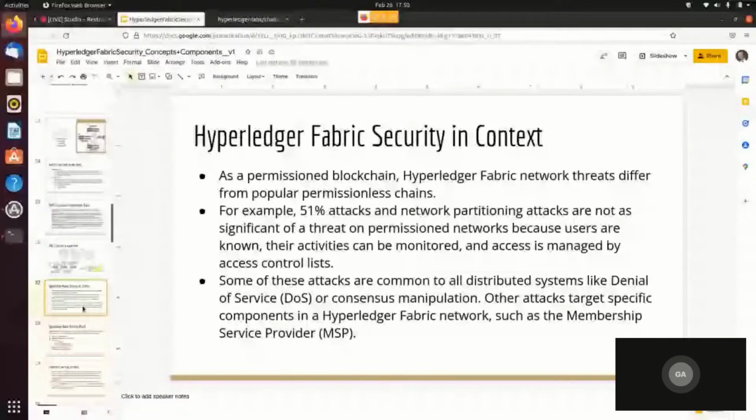And there could be other attacks on the most important component known as membership service provider. Let's look at these attacks.